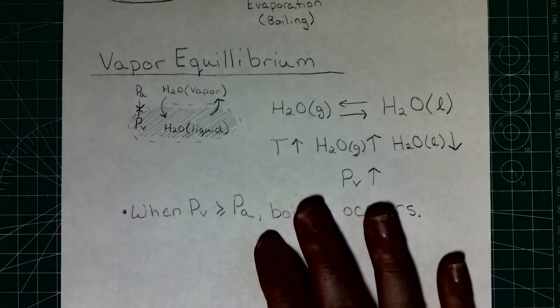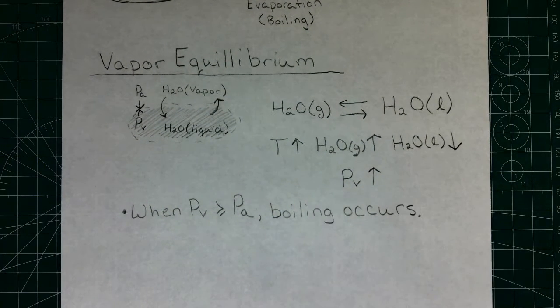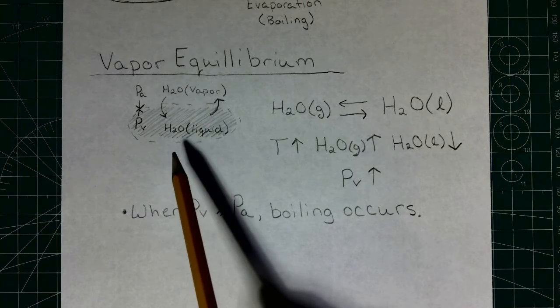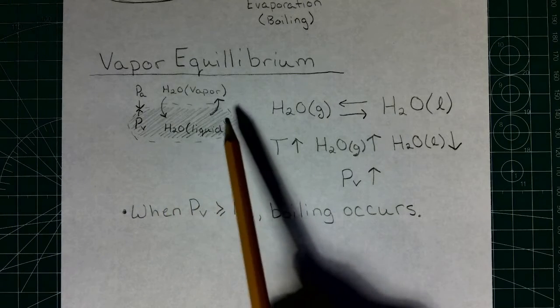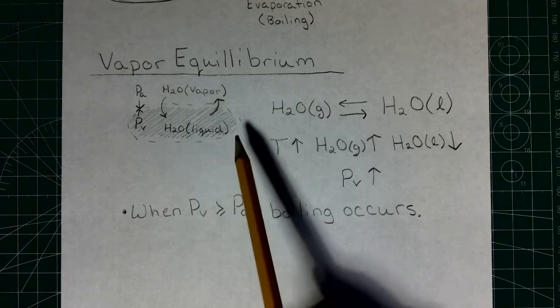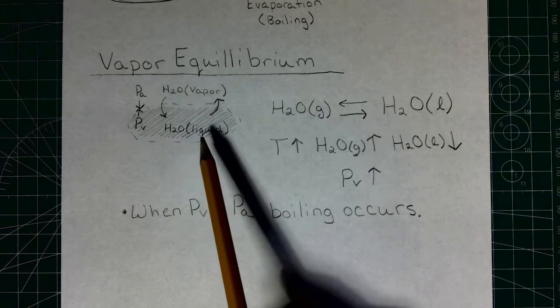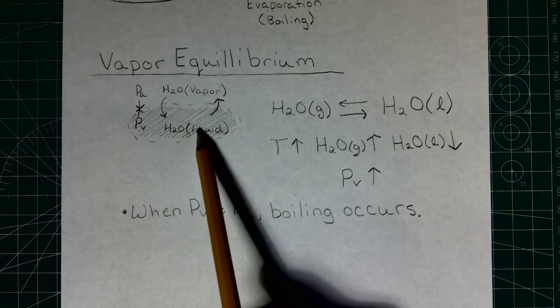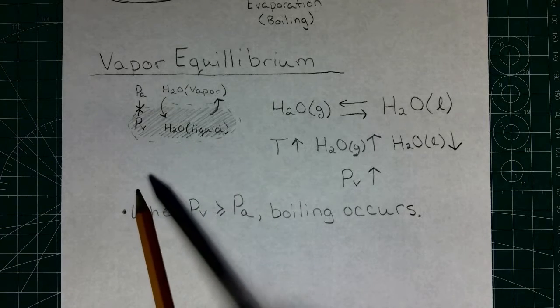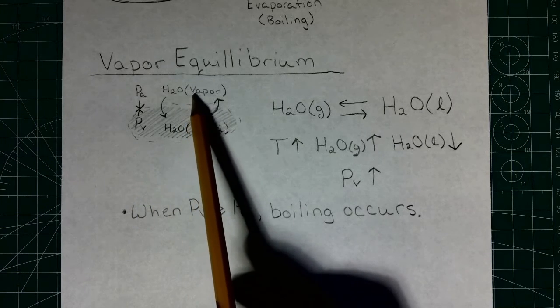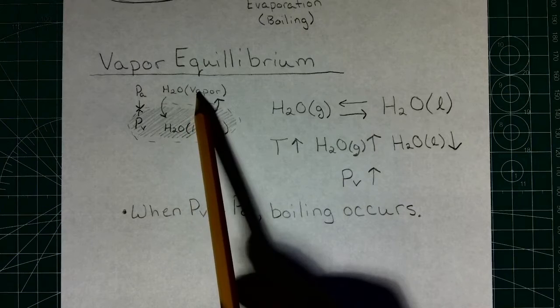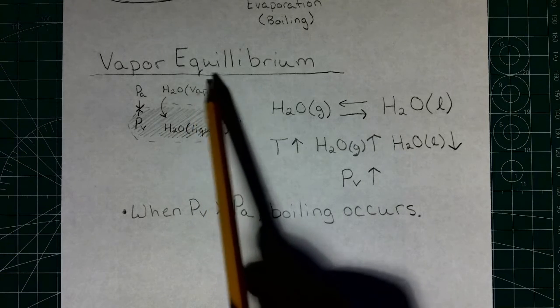Now we have kind of a big idea here where this is going to explain the difference between boiling and evaporation. Imagine that I have something like a puddle or maybe a small pond. What is happening is there is liquid water in the pond and there is water vapor in the air above it.